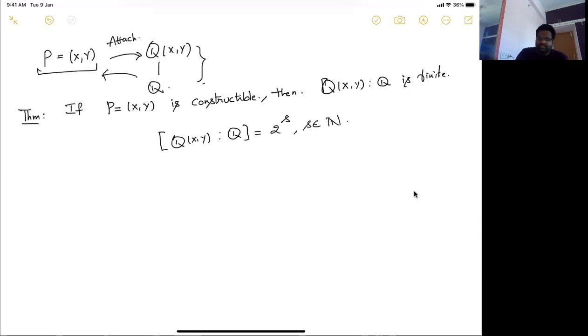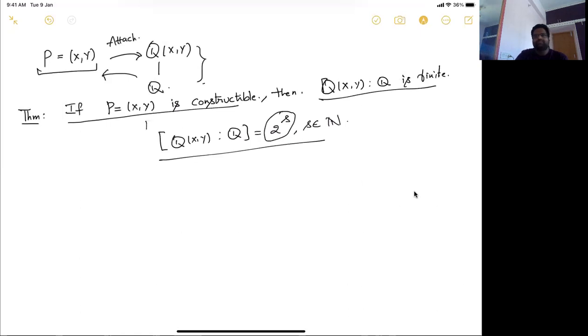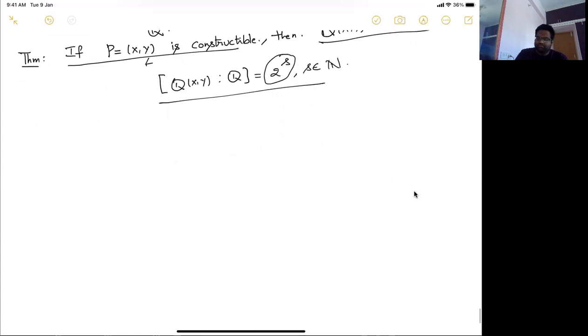So if P is constructible, then it must necessarily satisfy this condition. In other words, if the given extension is not of this form, then P is not constructible, the contrapositive of this statement. This is the format we are going to use to prove the impossibility of squaring a circle or trisecting an angle.